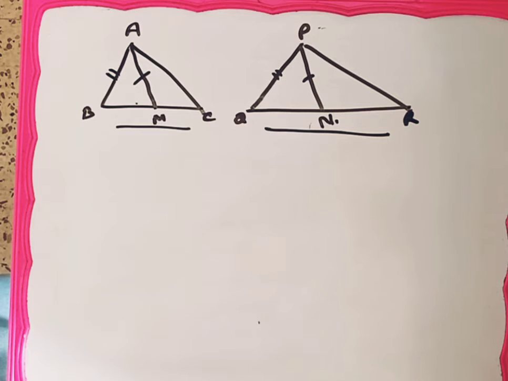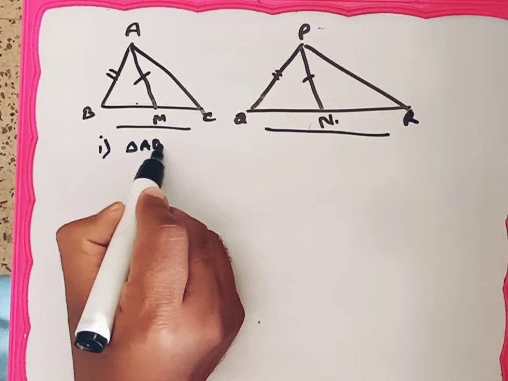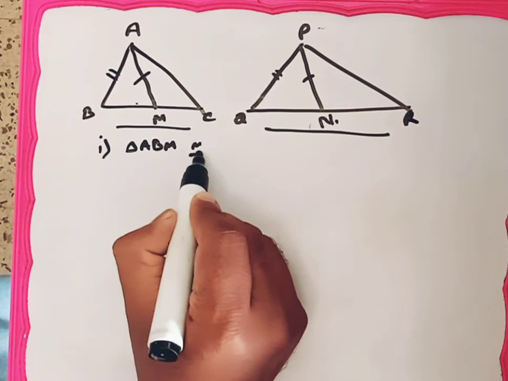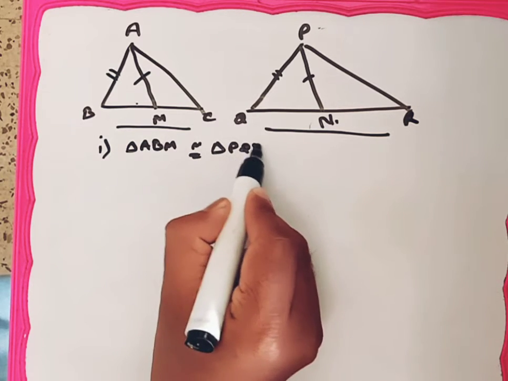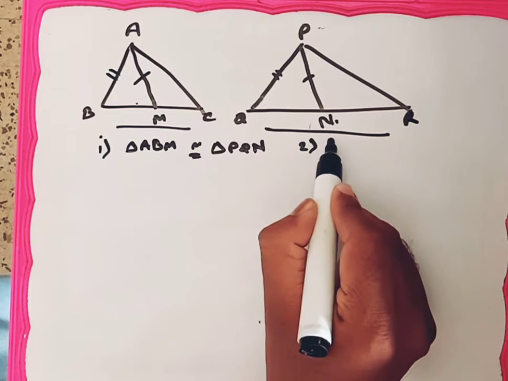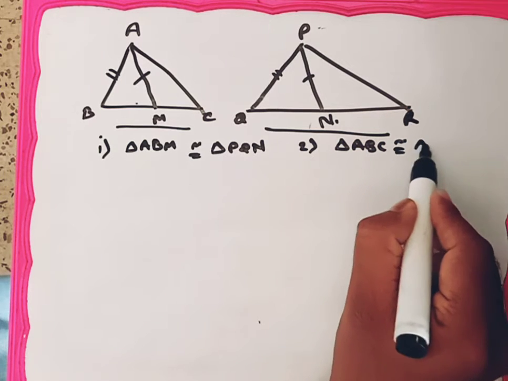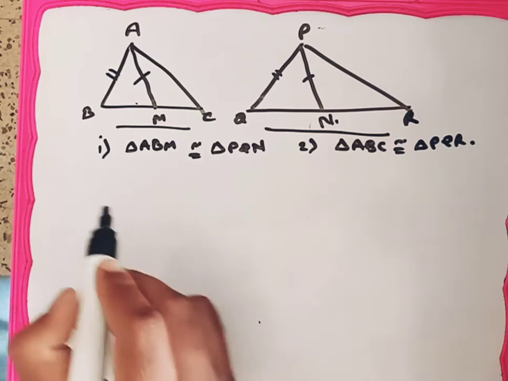Then show that triangle ABM is congruent with triangle PQN, and as second result we have to show triangle ABC is congruent with triangle PQR.